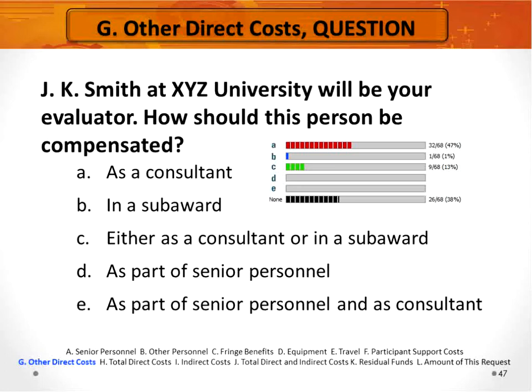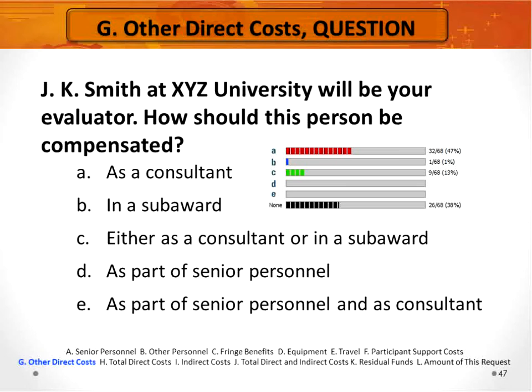You could also do it as a subaward, and the subaward would be to XYZ University, with J.K. Smith being the senior personnel, and you would then work with that person as the evaluator for your project to determine what their rate is, whether they're on an academic calendar or a 12-month calendar, and so it would actually work out either way. A, B, or C could be correct. So pretty much everybody got it.